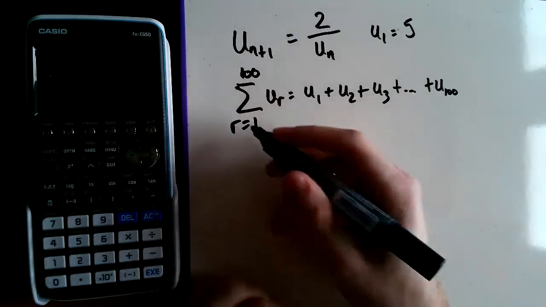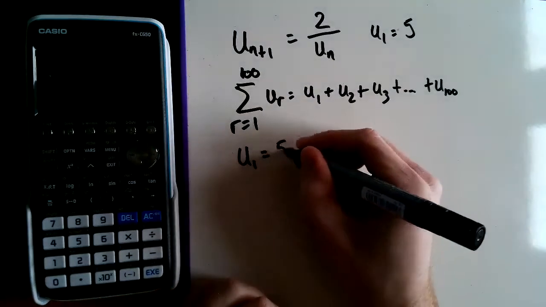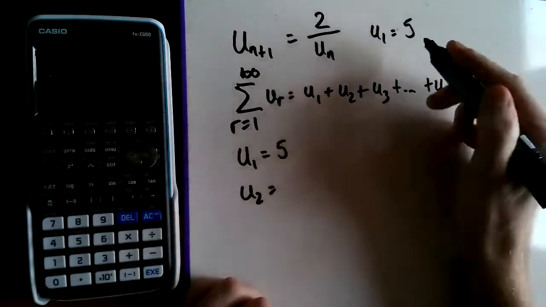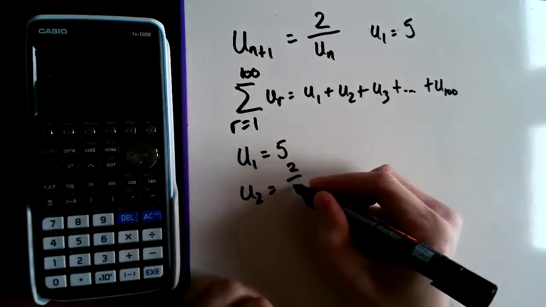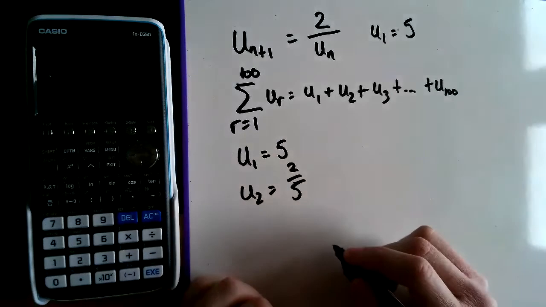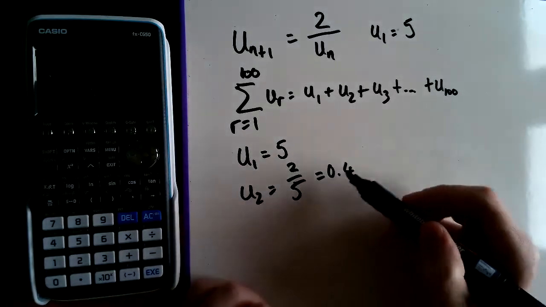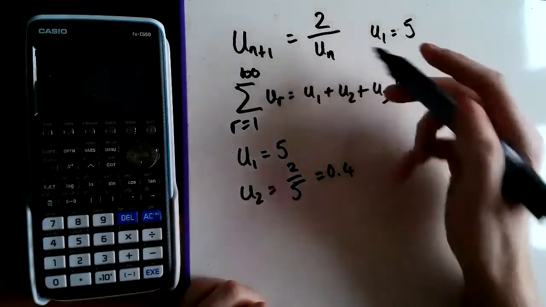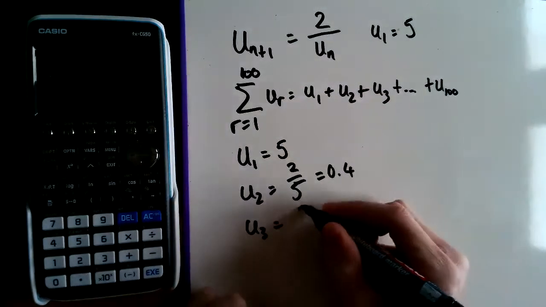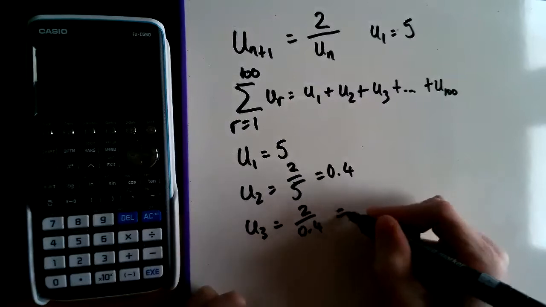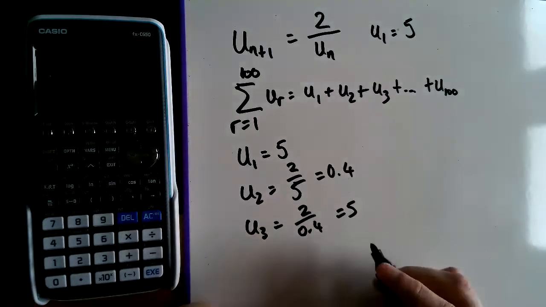So all we're going to do is have a play around. u1 is 5, so for u2, I'm going to sub 5 into there, so 2 over 5 just gives me 2.5, or 0.4 if you like decimals better. Then I'm going to sub 0.4 into there. So u3 is 2 over 0.4, which is 5. You should be able to spot a pattern now.